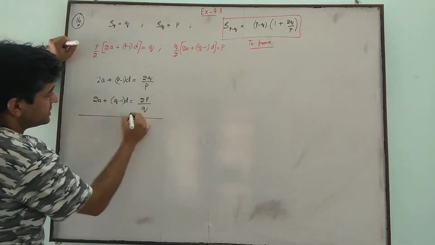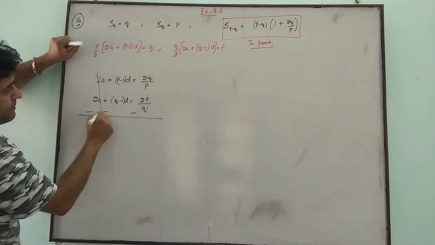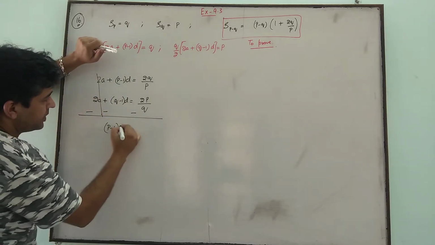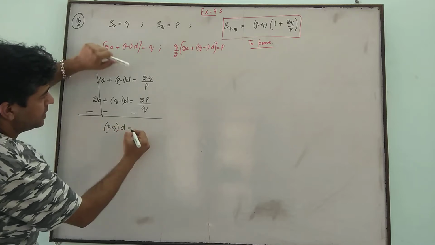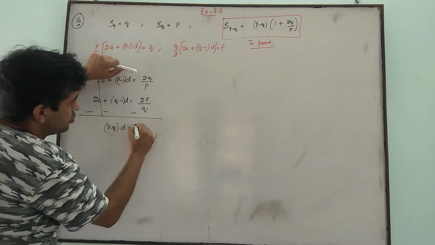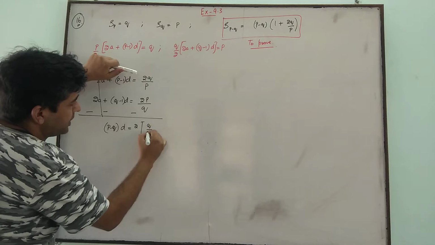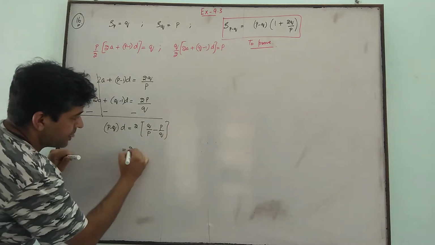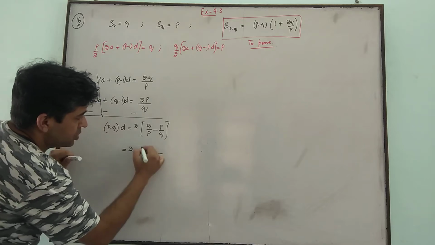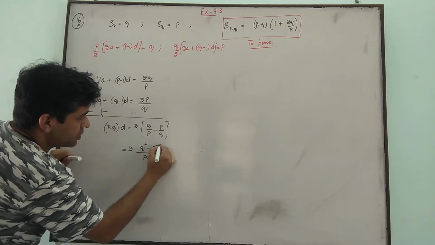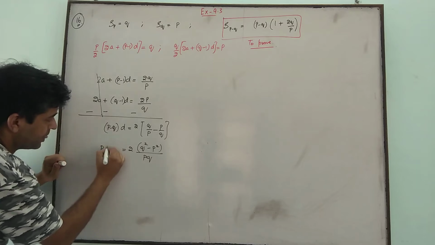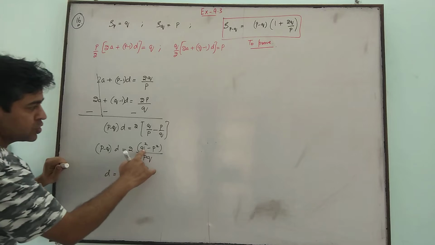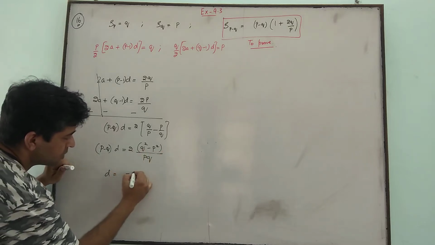And on subtracting these two, 2a minus 2a cancels, and this is (p minus q) into d, and this is 2 common, q upon p minus p upon q. Just simplify: pq, q square minus p square, and this is p minus q, q minus p, q plus p.